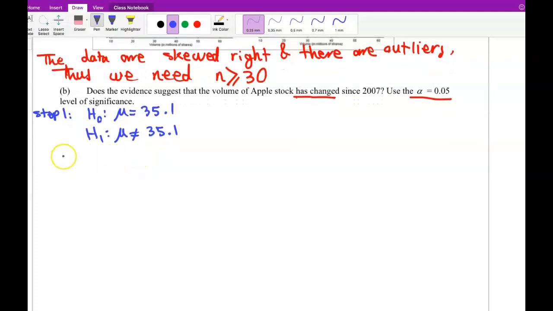Okay, then step 2. Our alpha is given. Then step 3, test statistic, finding t.